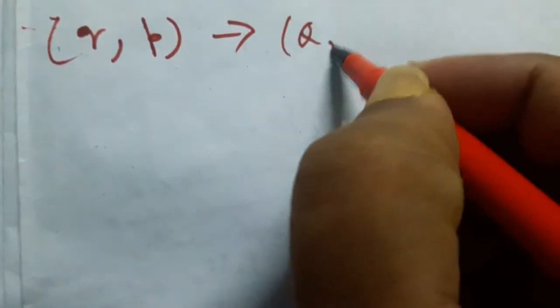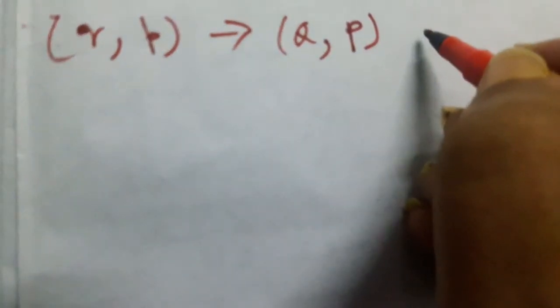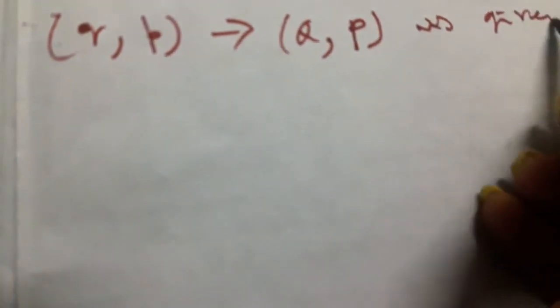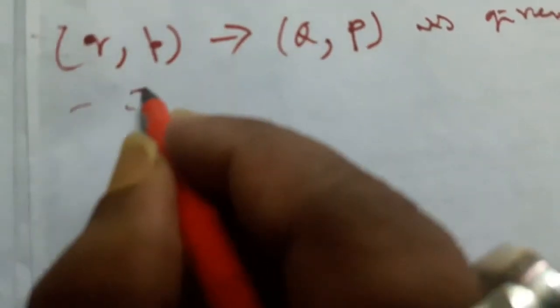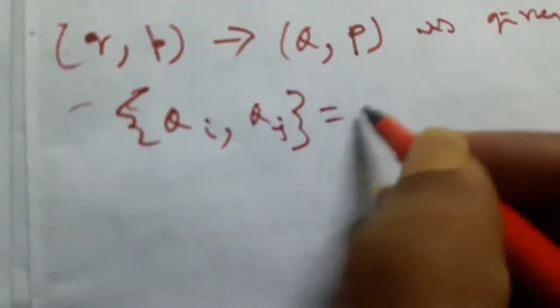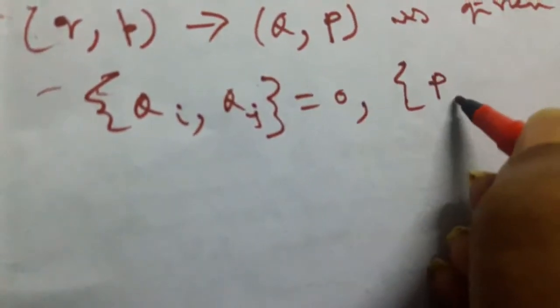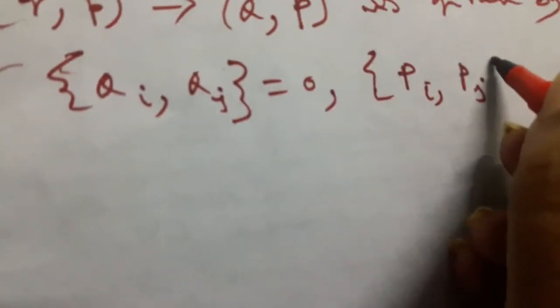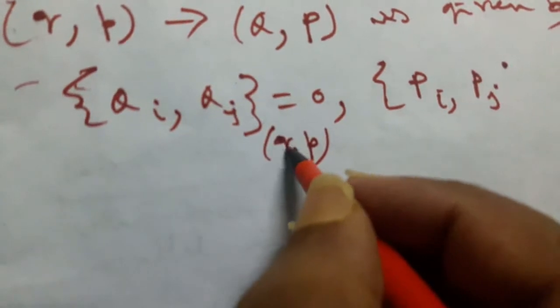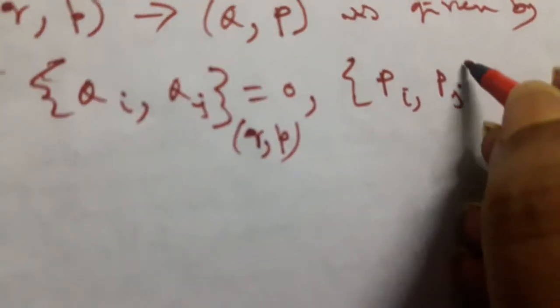At first, we are taking the canonical transformation from (q, p) to (Q, P), capital Q, capital P, and it is given by the Poisson bracket of Qi, Qj, that will be 0, and the Poisson bracket of Pi, Pj under the transformation for Q, P. Here q is the coordinates and p is the momenta, we know.